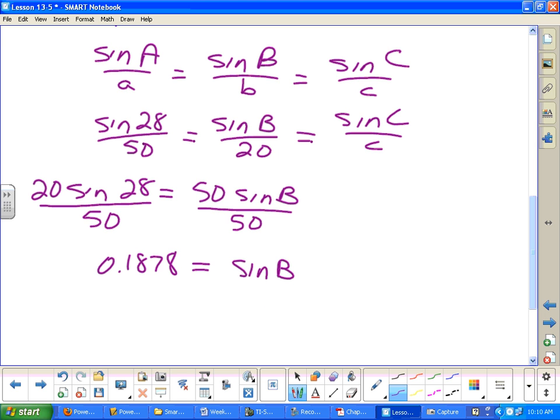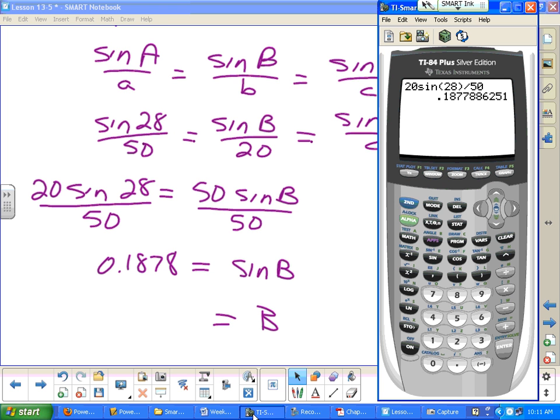Well, then how do I find angle B? Not the sine to the negative one, but the inverse sine. So I'll take my calculator and do the inverse sine, second sine. What number should I put in there?